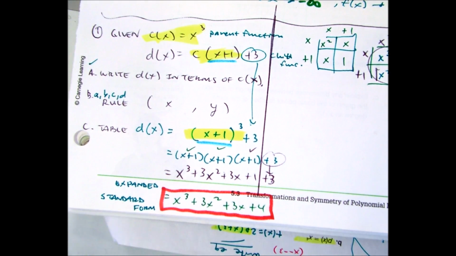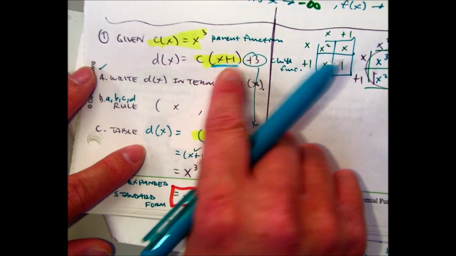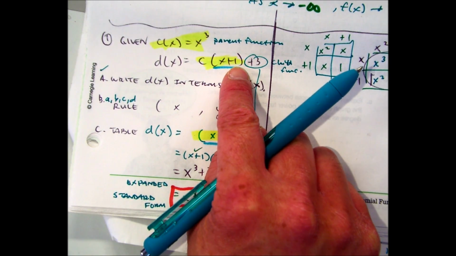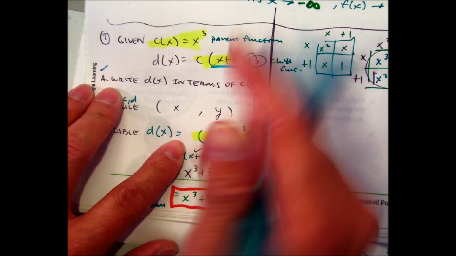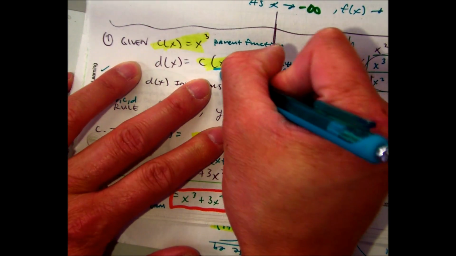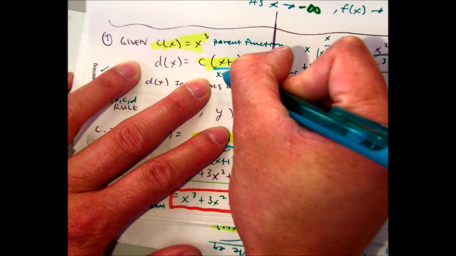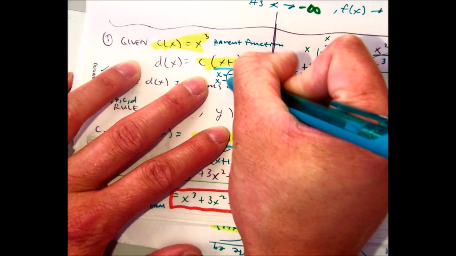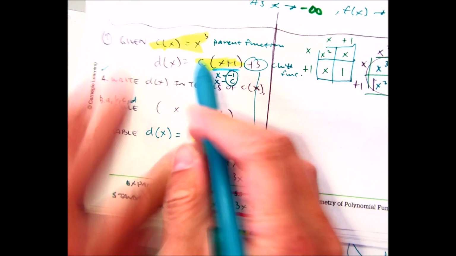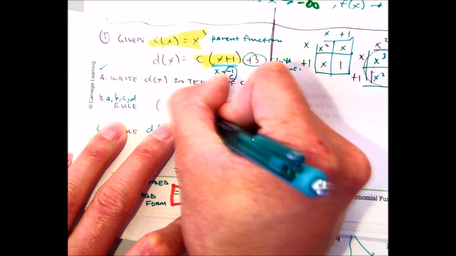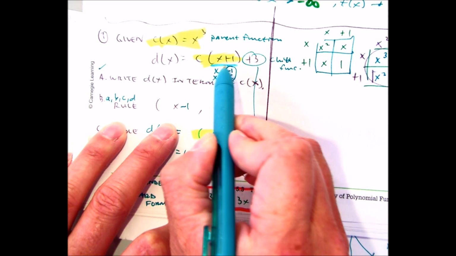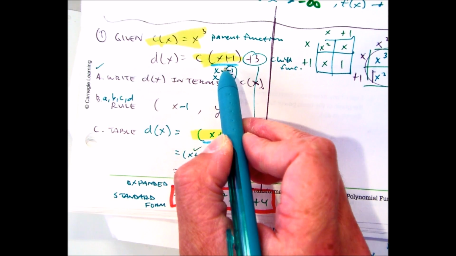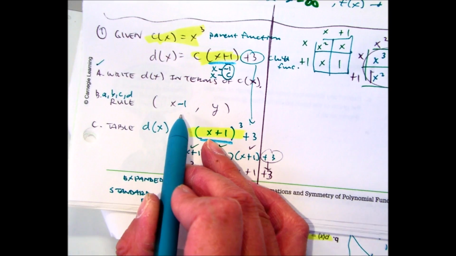What is my c value, class? 1. Is it a positive or negative one? Negative 1. So here, the reason why it's equal to a negative 1, so your negative 1 affects your x values, because this is adding x, go left. That's the minus 1.